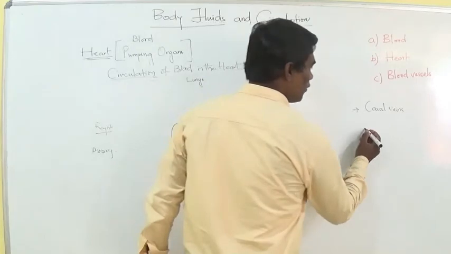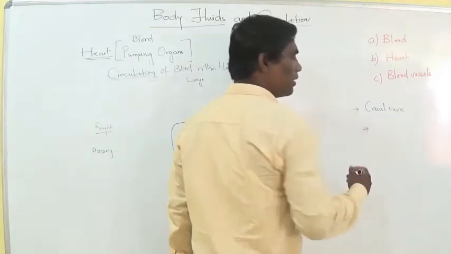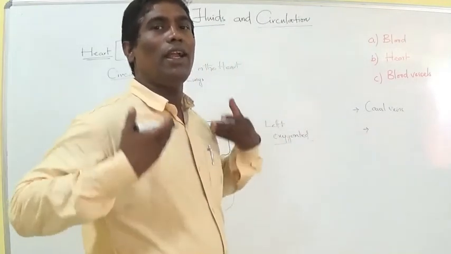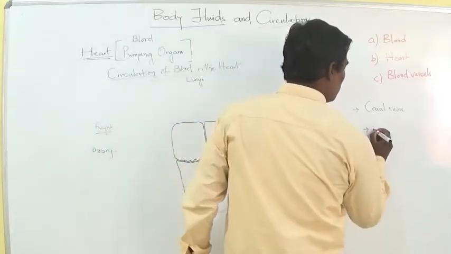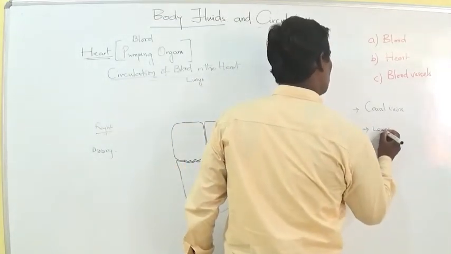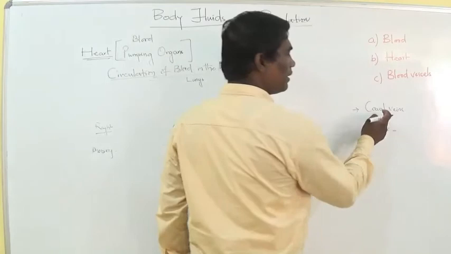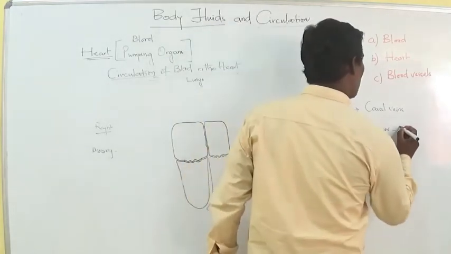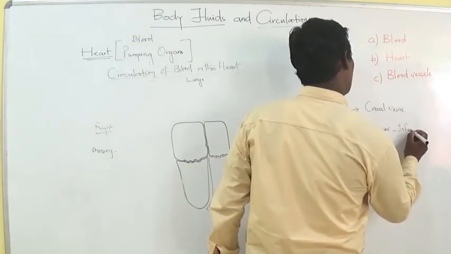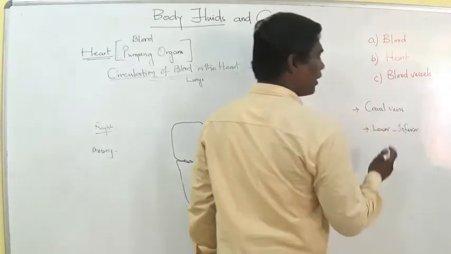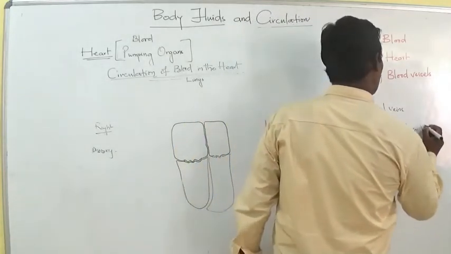There are two types of caval veins, which bring the impure blood from the lower part and the upper part of the body. From the lower part of the body, the caval vein that brings impure blood is called the inferior vena cava.